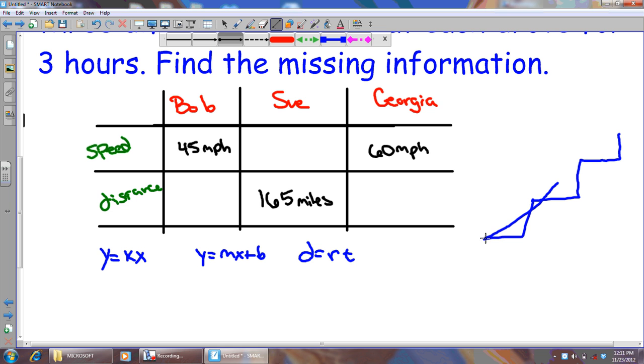You end up getting something like this, where the distance and then the rate, and the distance and the rate, and the distance and the rate. And you end up getting a slope. Okay, so I'm going to go ahead and use this equation, but note that most people would probably use that one in this case. All right, so I know my 45 miles per hour is my x variable.